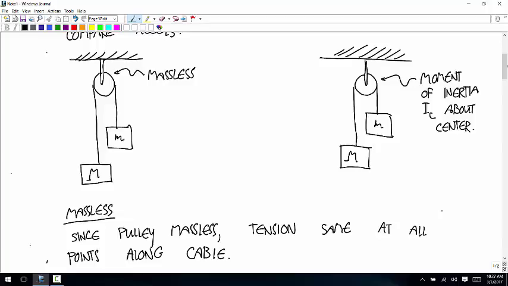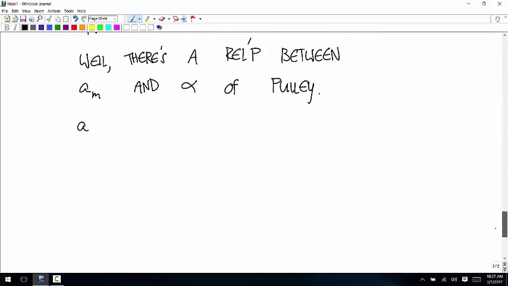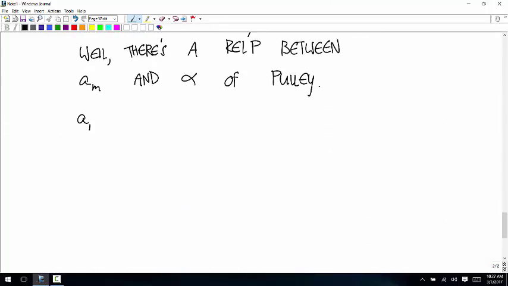And so we know that the acceleration, little m, has to be equal to alpha cross r, from this equation.